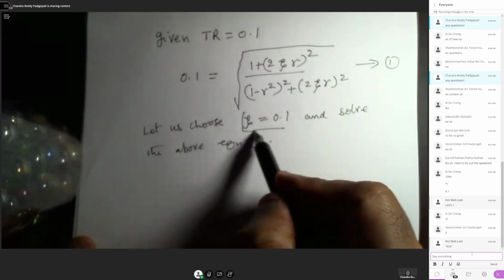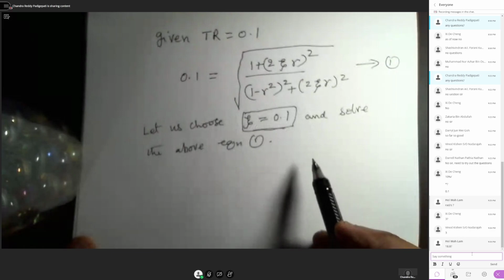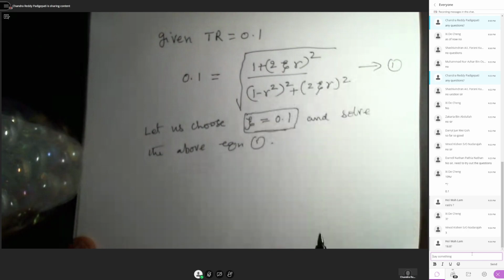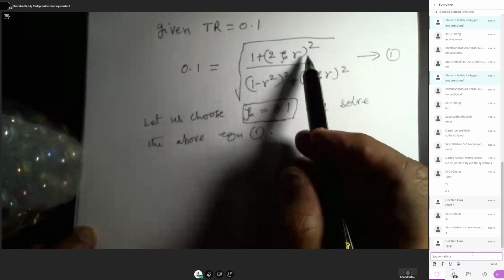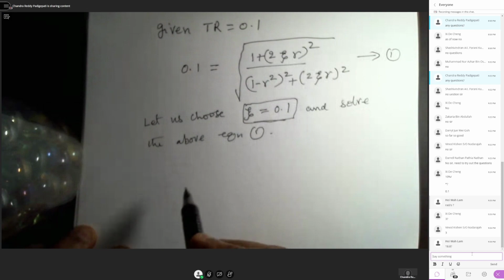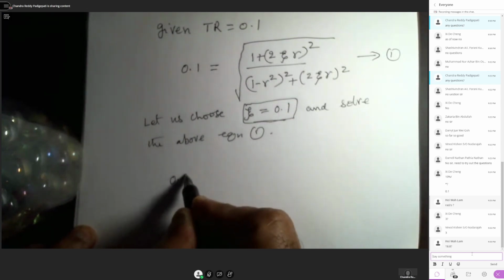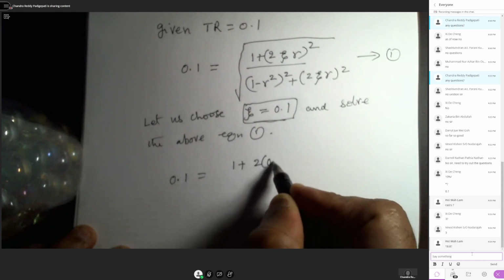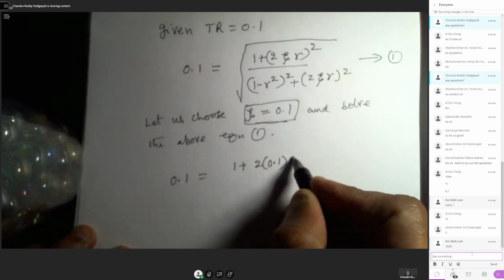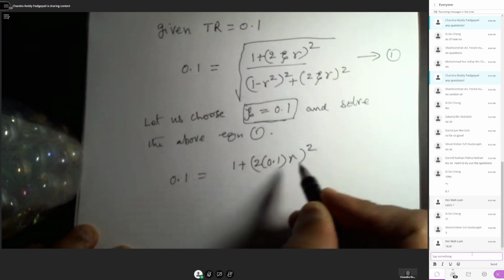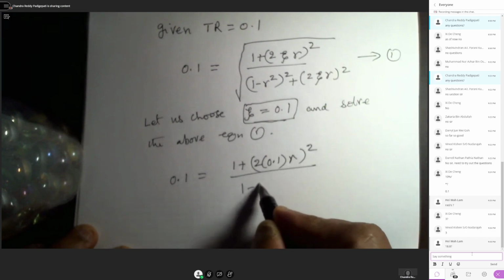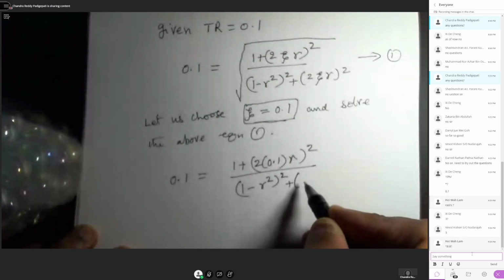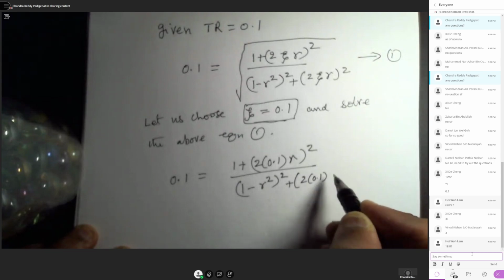So now we assume that the damping ratio for the system is 0.1, and then we use 0.1 to solve this equation. So we can write 0.1 is equal to 1 plus 2, instead of eta, I take it as 0.1. So I can write 2 into 0.1.